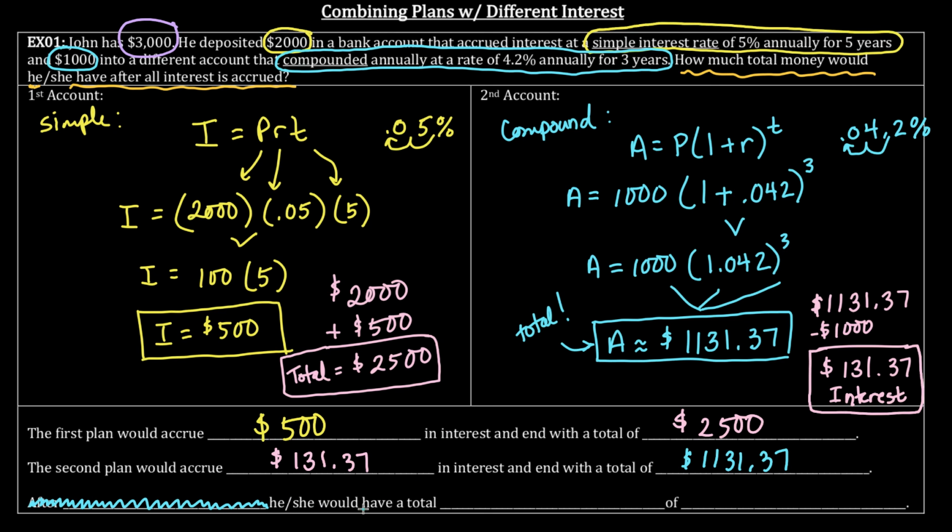So he or she would have a total of, I need to add these together still. So this total here and this total here, this is a combined total.